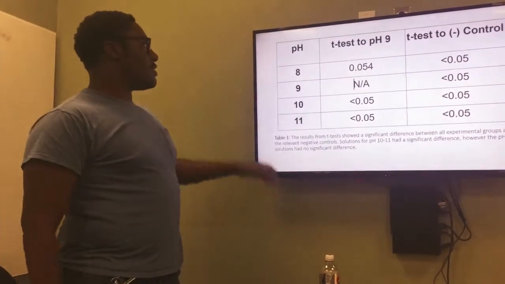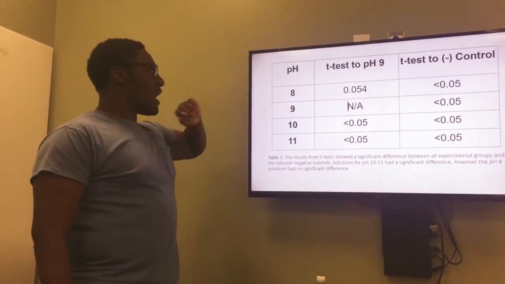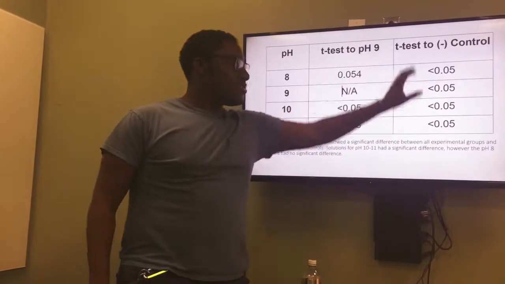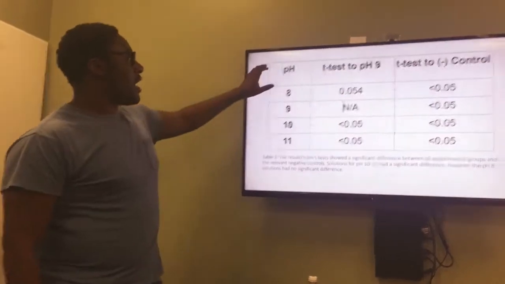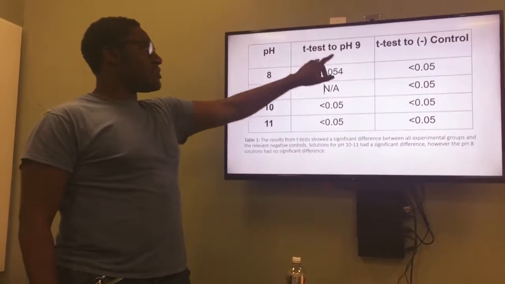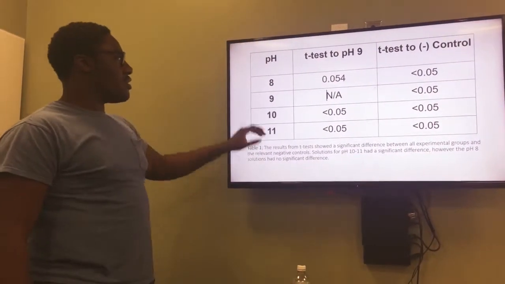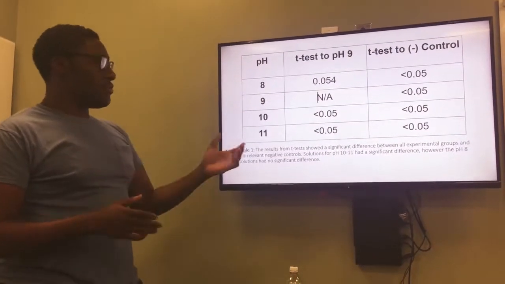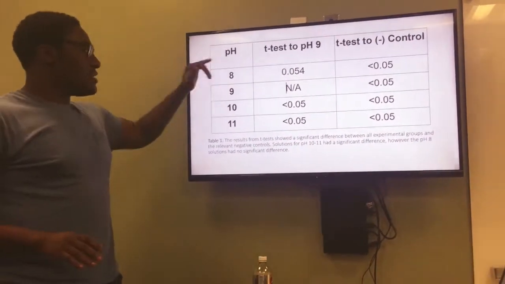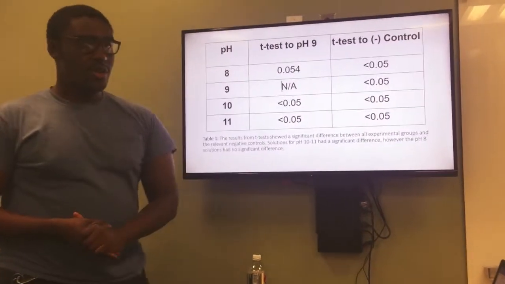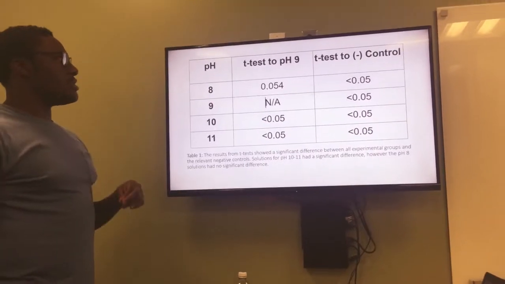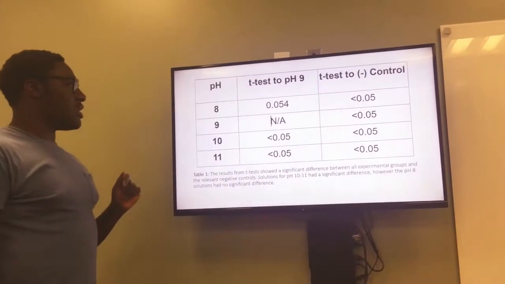So in our t-test table, we have pH 8 to 9, test experiment group, and negative control group. Now, comparing pH 9 to every pH, pH 8 shows a 0.054 difference between pH 9 and pH 8.